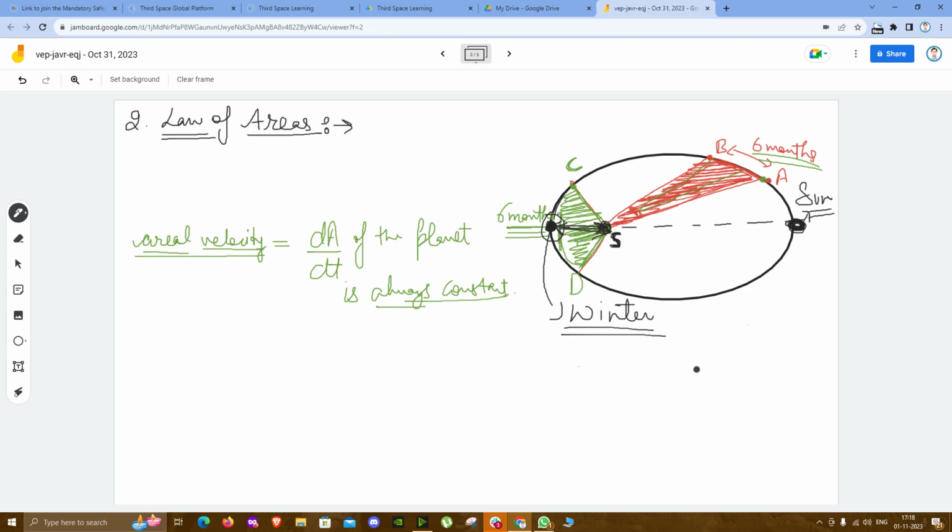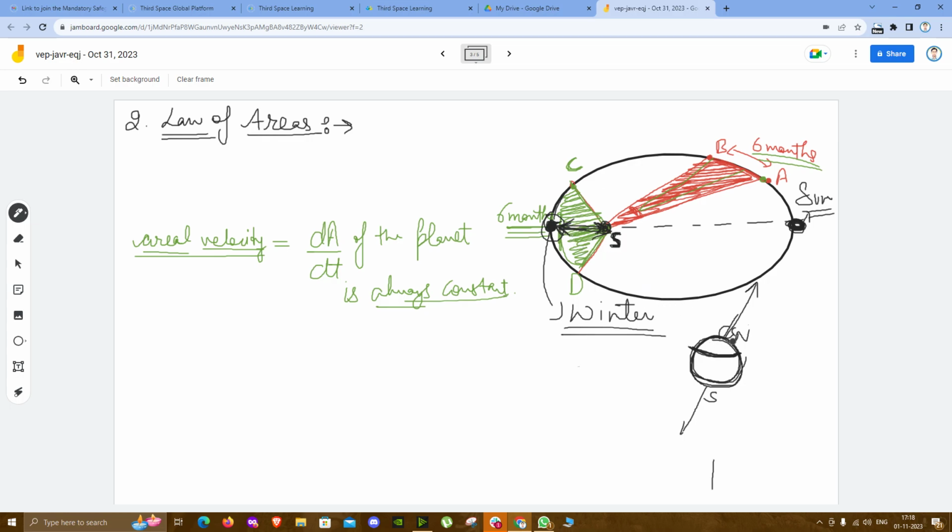But the Earth itself is tilted 23 degrees. It is not a simple circle with the north and south exactly on the axis. This axis is actually tilted. So in your hemisphere here, the sunlight will not be direct on the surface.